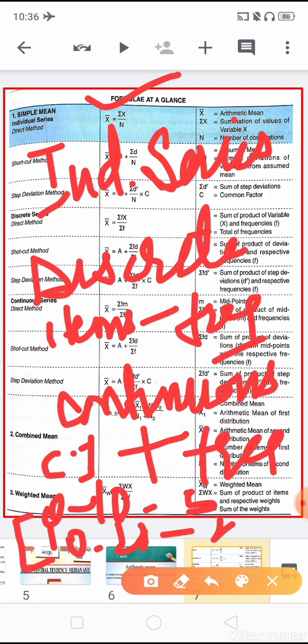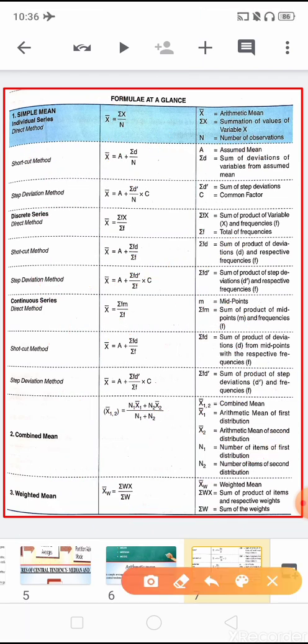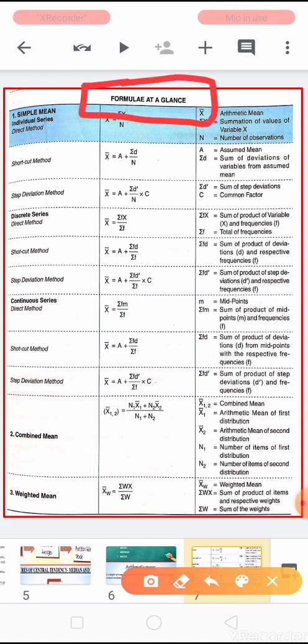If this is the first class interval, the upper limit of the first class interval itself becomes the lower limit in the next class interval. So these are basically the kinds of series we want to learn. And now we are going to learn the various formulas to understand this concept.